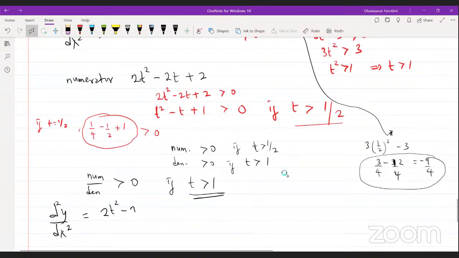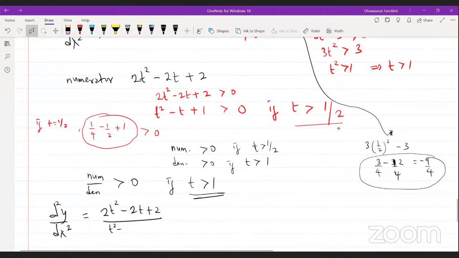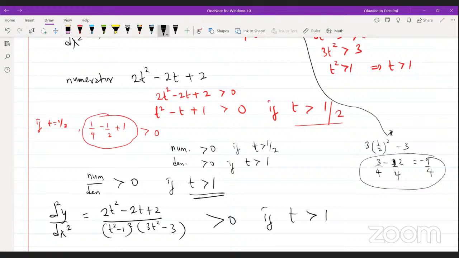That was minus 2t plus 2, and then you have 3t squared minus 3. So this is greater than 0 if t is greater than 1. Guys, you have to look for the best condition on t. The best condition on t would help you out.